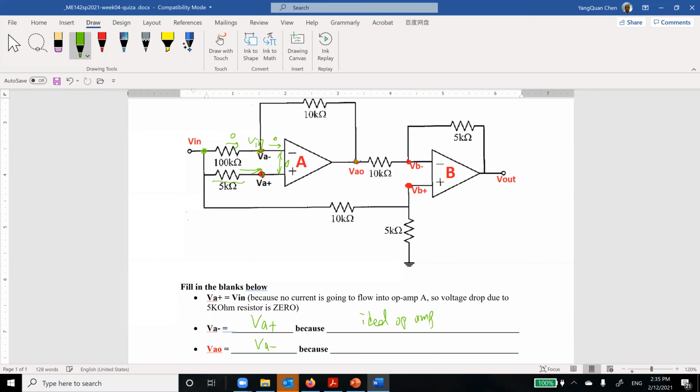The current across the 10K ohm is also 0, so there's no voltage drop. So this is also V in.